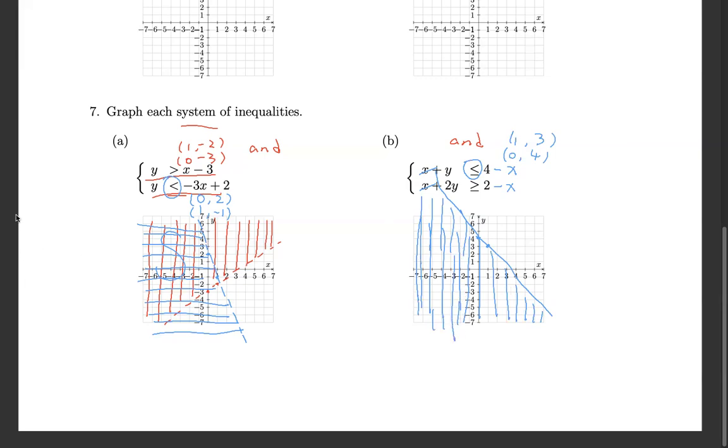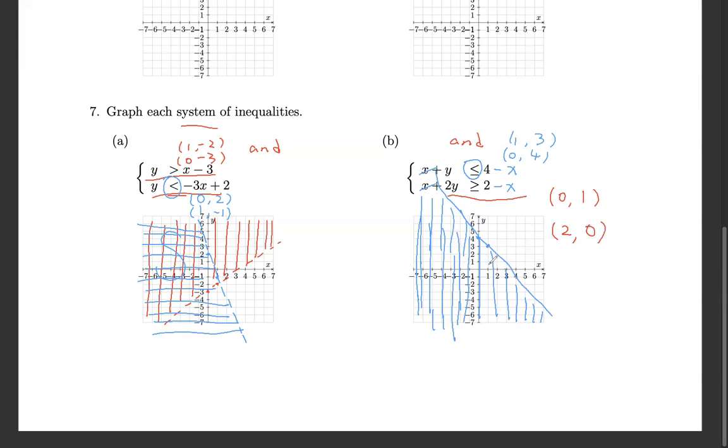For the second one, let's use red color. We have 2y greater than or equal to 2 minus x. If x is 0, we have 2y greater than 2, so y is 1. If x is 2, 2 minus 2 is 0, and 0 divided by 2 is 0.